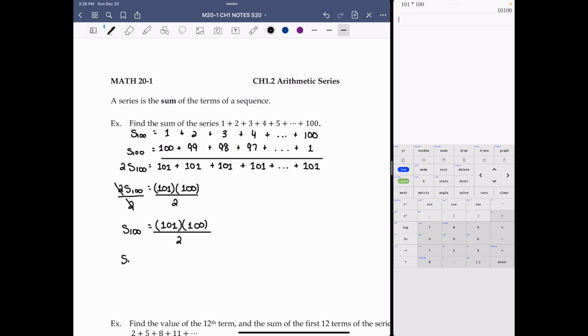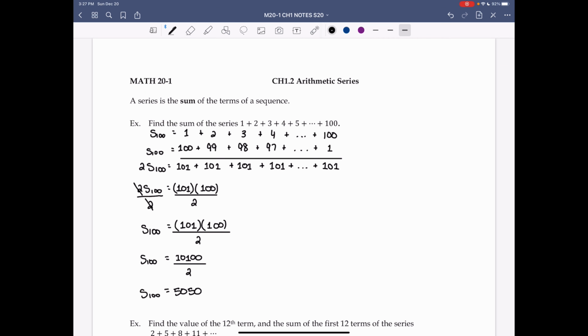So S100 equals 10,100 divided by 2. Divide that by 2 and we get 5,050. So the sum of the first 100 terms of this series is 5,050.